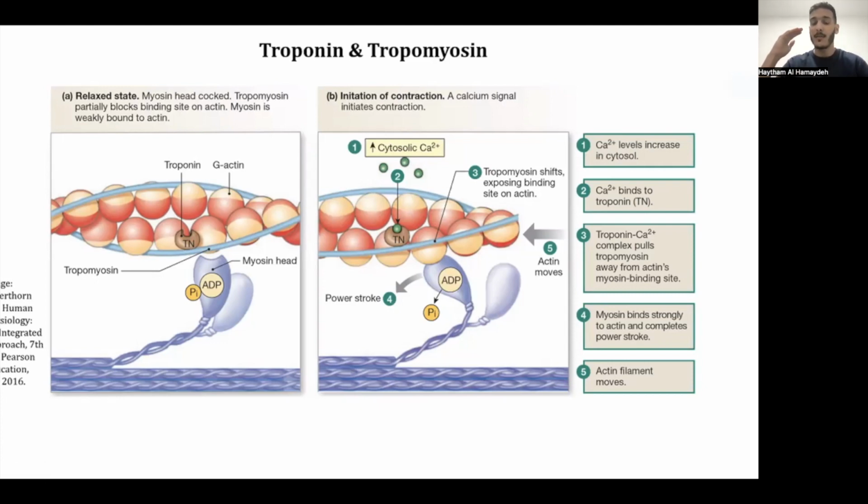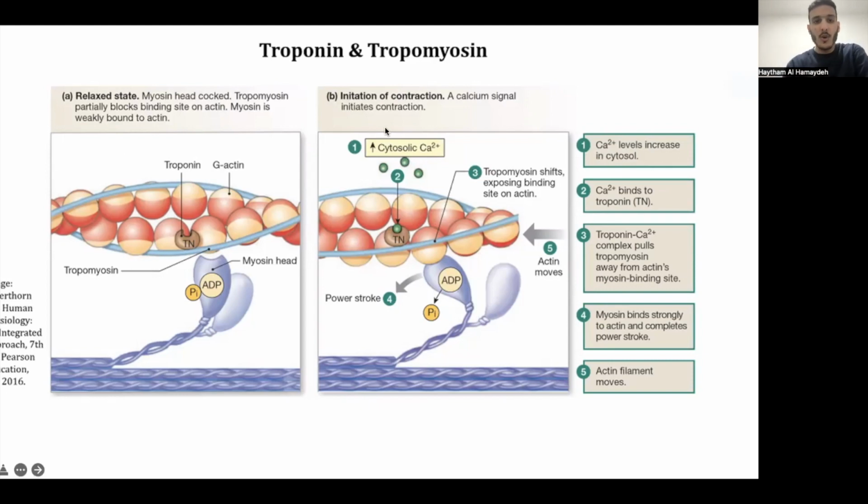Okay, so keep in mind that I will return to this one as I show you the steps that happen beginning with the action potential towards reaching the shortening of the sarcomere that involves two components which are part of the myosin-actin interaction. Okay, so troponin and tropomyosin, when we bring up those two, we're basically talking specifically about the actin filaments because these are the main regulators of how the power stroke is allowed to happen.